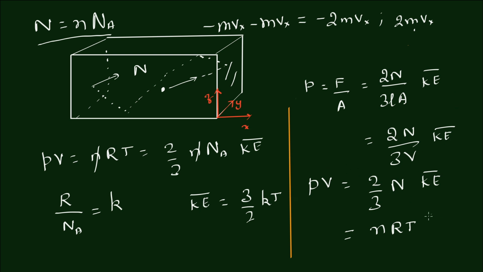Okay, this equation PV is equal to nRT, T is in Kelvin. So the temperature in Kelvin is actually proportional to the average kinetic energy of the atoms. So in the case of a monatomic gas, we are able to show, without taking into account collisions, that the temperature is nothing but a measure of the average kinetic energy of the atoms.